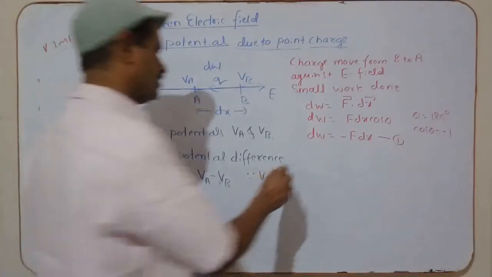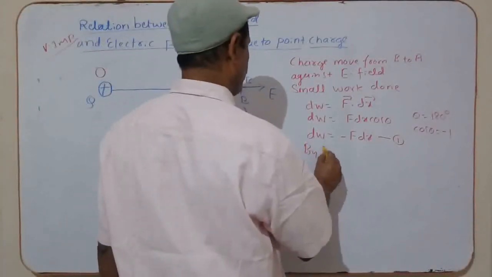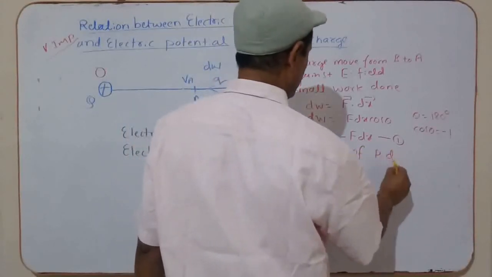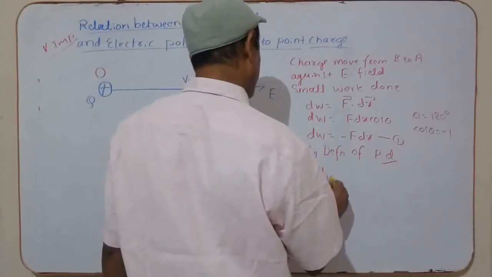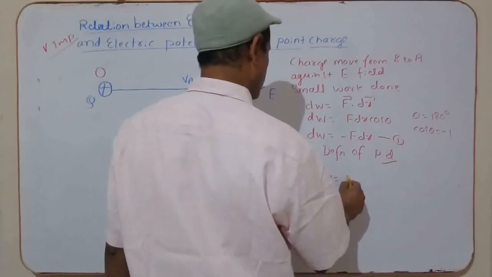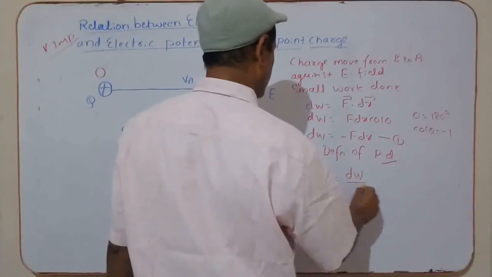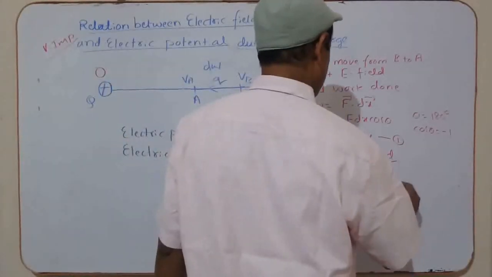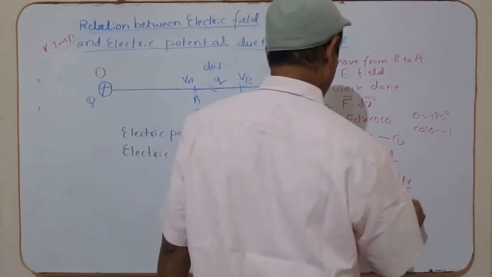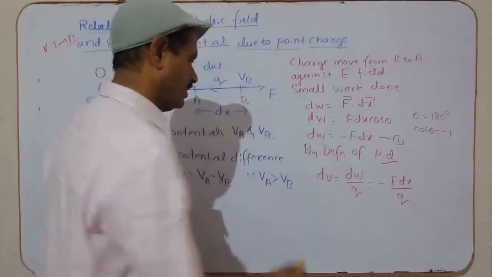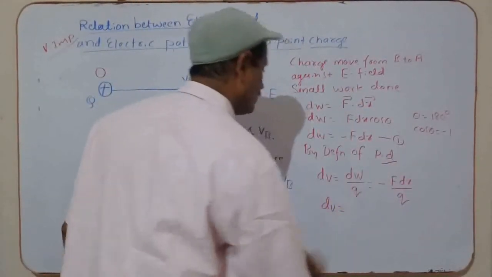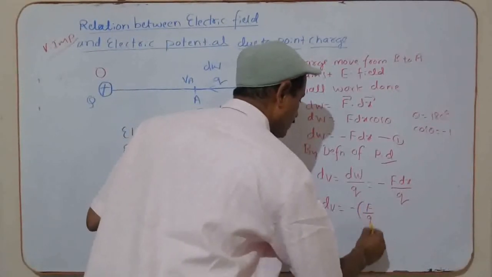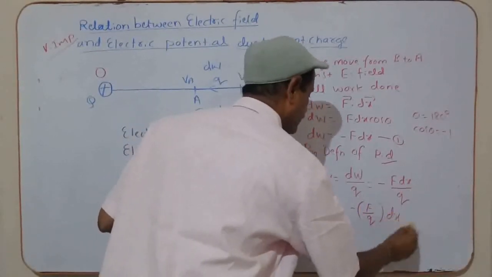Now by the definition of potential difference, dV is equal to the amount of work done divided by the charge. This is equal to minus F into dx divided by Q. So dV is equal to minus F upon Q into dx.